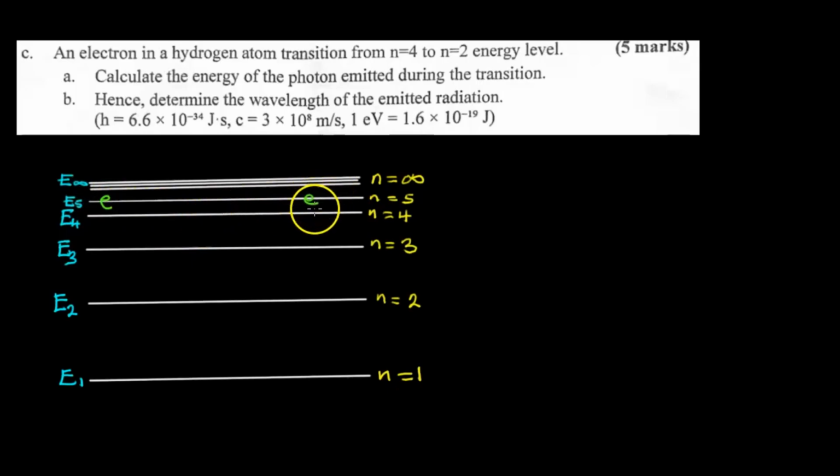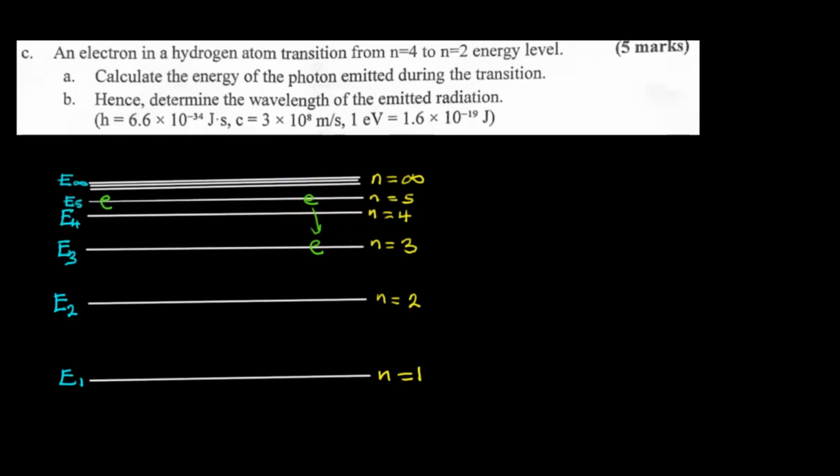So if this electron is transitioning down to, let's say, this energy level, it must give off some of its energy in order to occupy a lower energy level. And anytime it is transitioning from a higher energy level to a lower energy level, the energy is lost in terms of a photon.